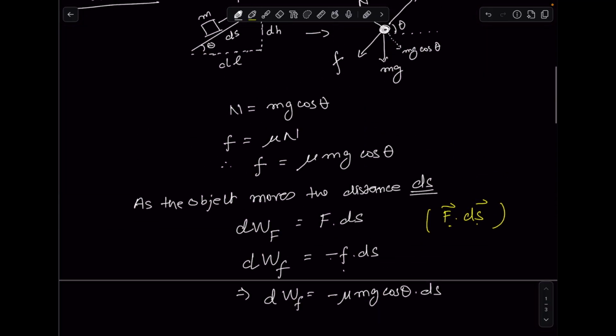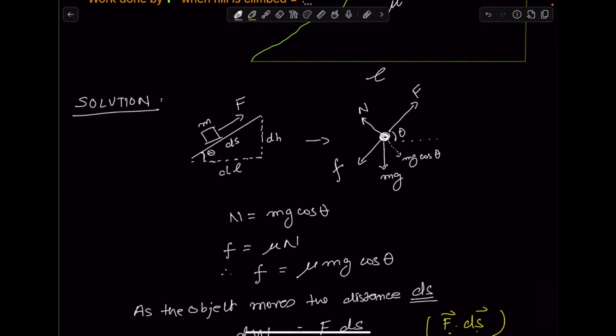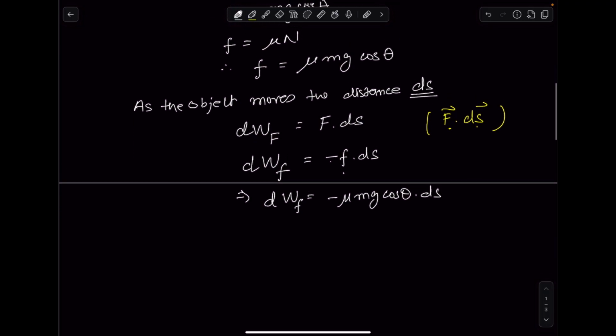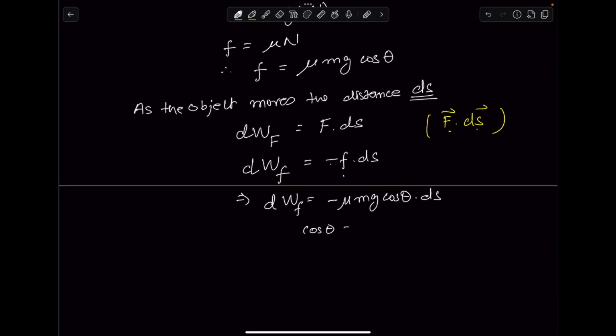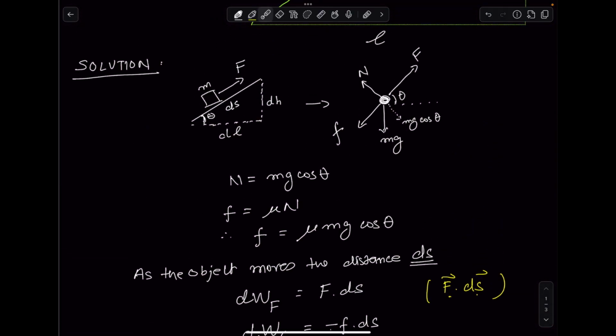So let's look at this triangle. Cos theta is nothing but dl by ds. Note, because we had considered a very small portion of the object's total movement, we can treat this as a straight line, and hence we can treat this as a right angle triangle.